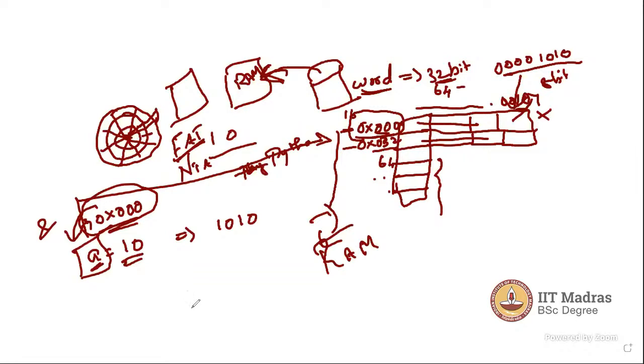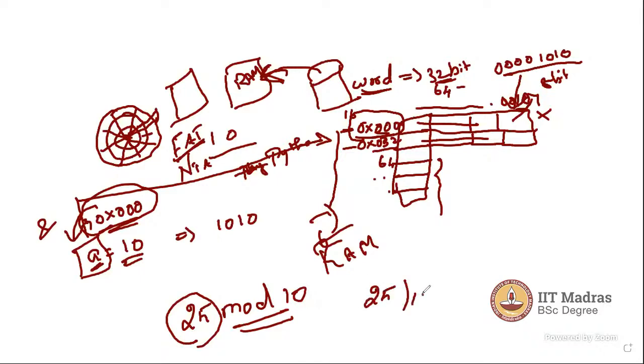So for example, if you are using a hash function, 25 mod 10, so mod 10 is the hash function I am using for storing this value 25. Then what it will do is 25 divided by 10, the remainder will be 5. So it will be stored in this file location in the memory. So that is known as a file allocation table, which you can also represent using the hashing technique. Then it is represented as a hash table, right?